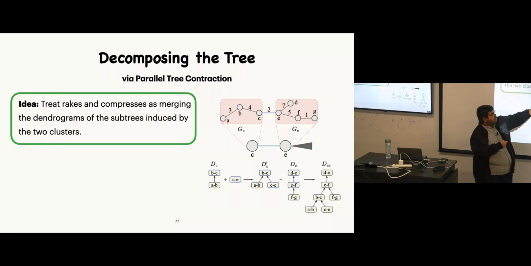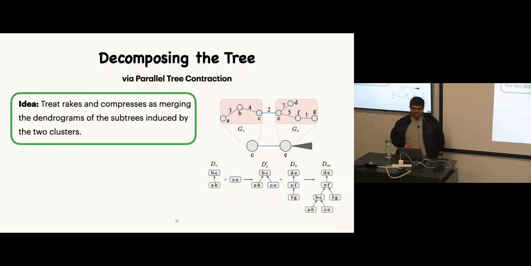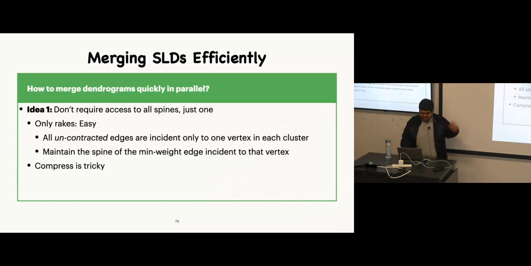But for the second merge, we need the spine corresponding to the min weight edge incident to E, which in this case is edge EF, and that merges with the spine corresponding to CE. So how do we get access to all of these spines? If we want random access to all of these spines, we have to end up using some sort of linked list kind of structure, which is not good for parallelism.